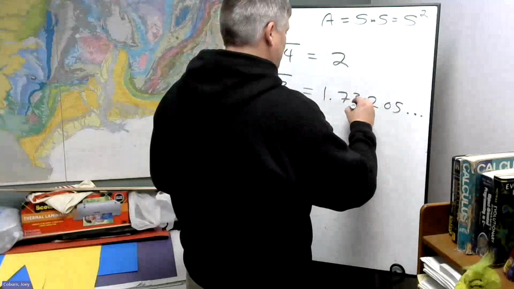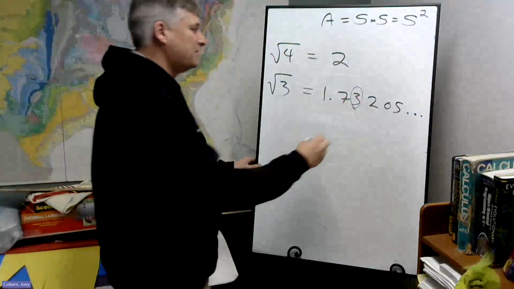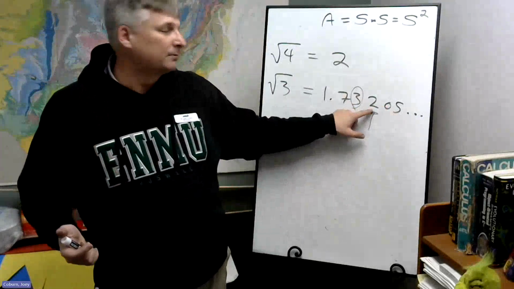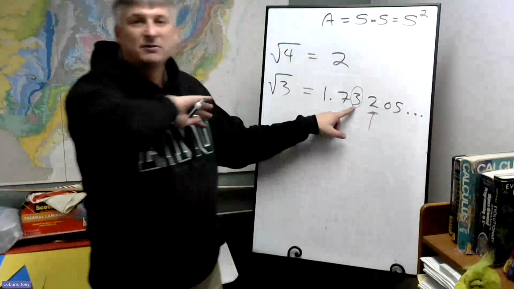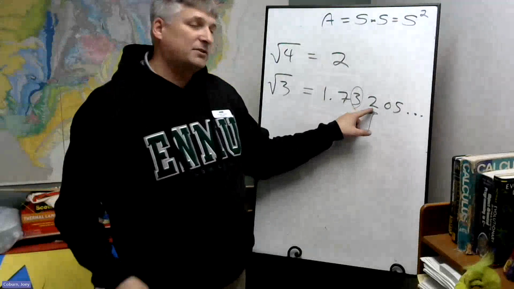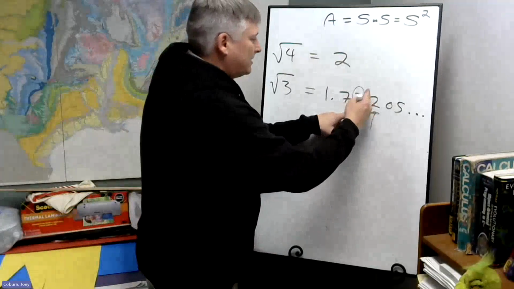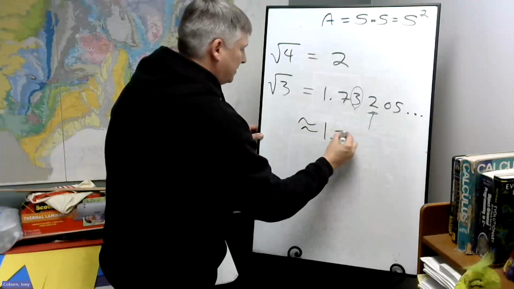To do that, we look at the number behind it. If this number is 5 or greater, we bump this up by 1 and then get rid of all the previous digits. But if this number is less than 5, we keep this number the same and then get rid of all these digits.